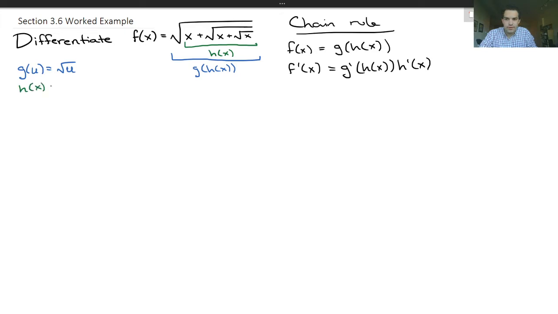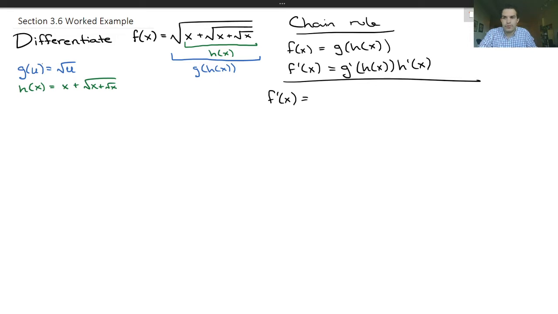So hopefully that's clear. And then h of x equals x plus the square root of x plus the square root of x. So still not the most pleasant looking function, but that's what we're working with. And now we'll plug into our formula here. So f prime of x equals g prime of h of x.